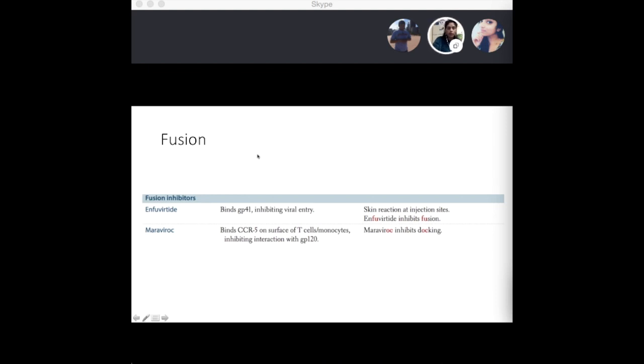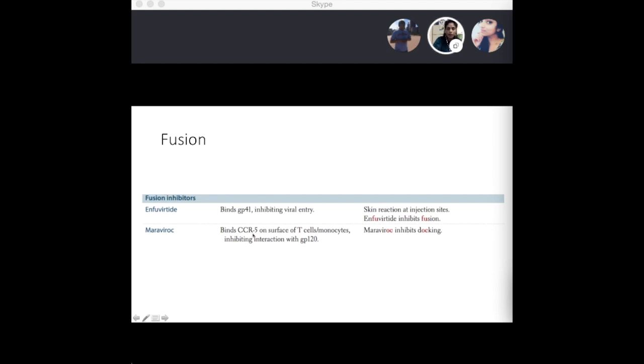So to start with the fusion process, we have fusion inhibitors. These essentially bind to either GP120 or GP41 and prevent HIV from binding to and entering the CD4 cell. So it sticks to the protein that HIV needs to get into our cell.